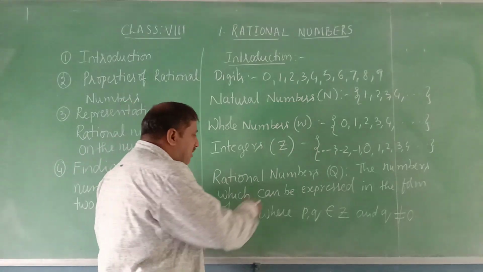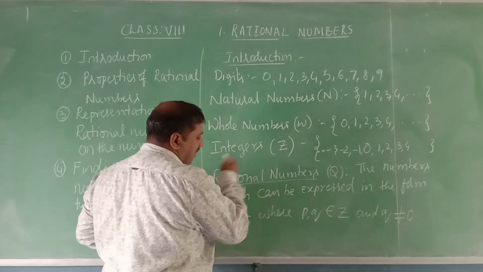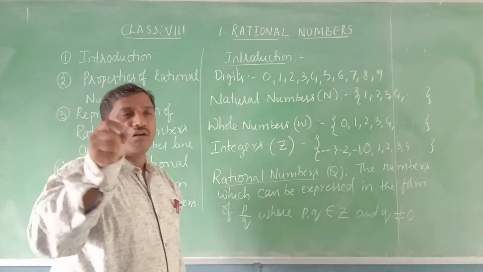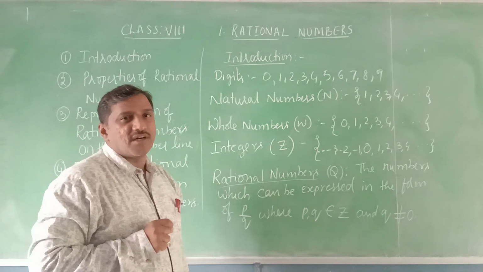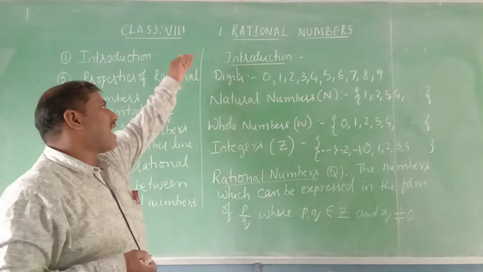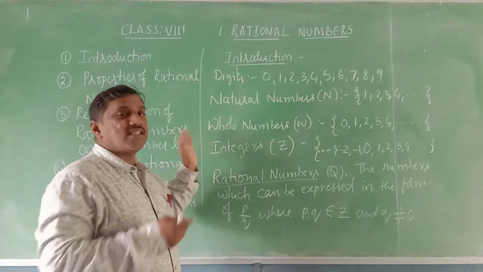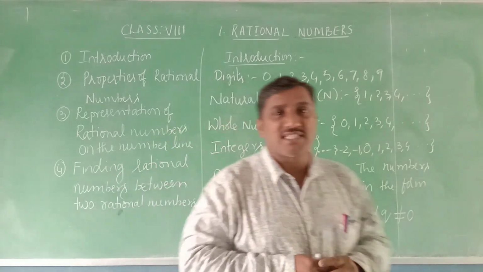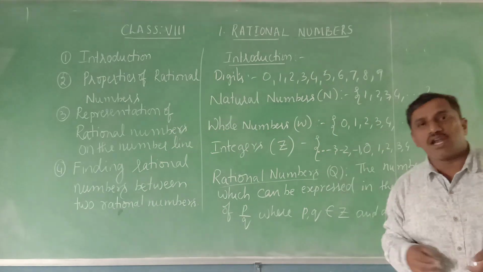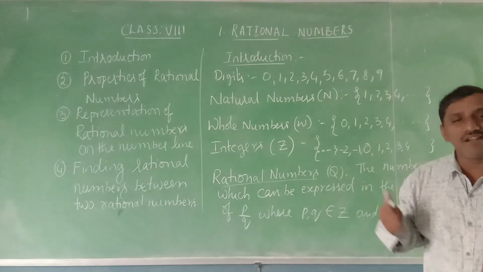Some examples of rational numbers: you can take all natural numbers, all whole numbers, all integers are rational numbers. It means natural numbers, whole numbers, integers, all can be expressed in the form of p by q, where p and q are integers and q is not equal to 0.